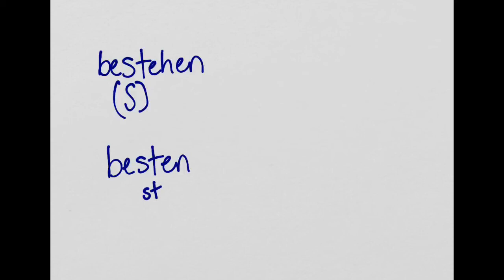In this case, it is still bestehen with a sh, okay? However, there are other cases where you'll see something that looks just like this, but it's not a prefix, it's just the whole word. In this case, this is just an S sound, so we get besten.